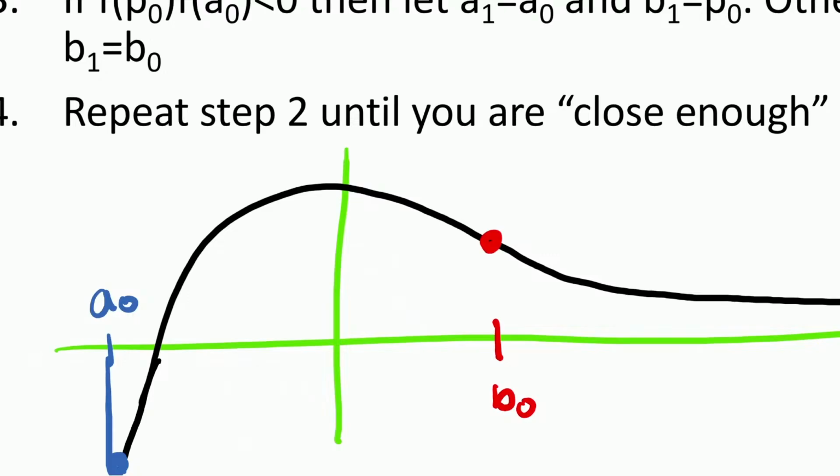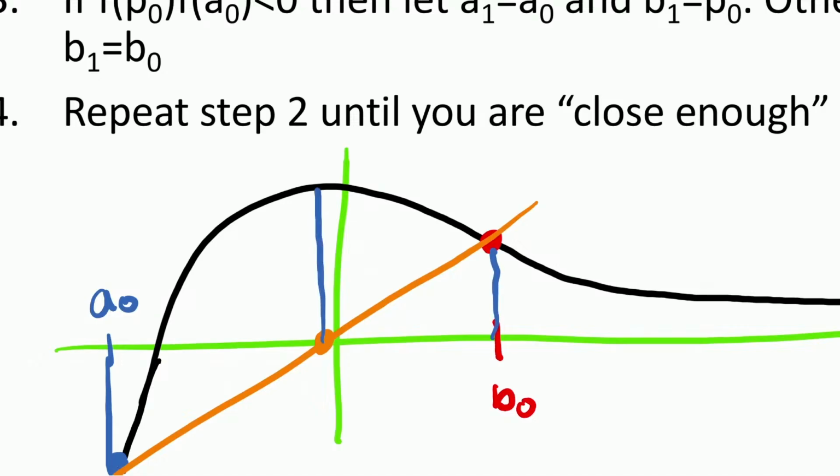For this, you do a secant instead of, so I would do this. So instead of doing the bisection, I do a secant, and this becomes my new estimated point. That's on the same side of the x-axis there as the b, and so that's going to replace my b for this iteration.